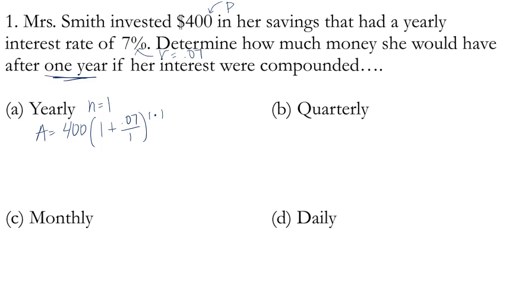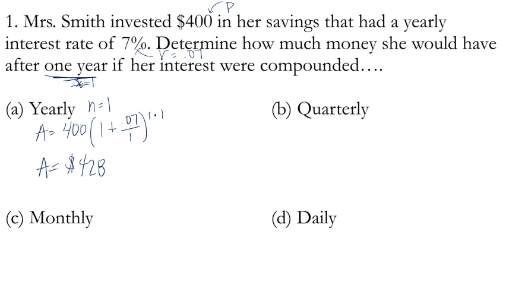I should have written that T was equal to 1. So it's raised to the first power, essentially. If you plug that into your calculator, you would end up with A being about $428.